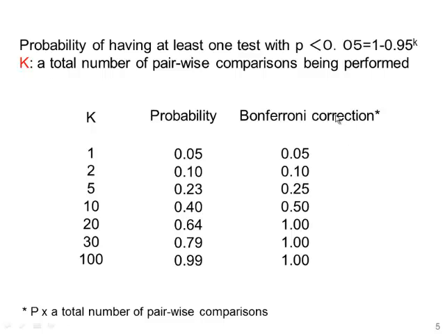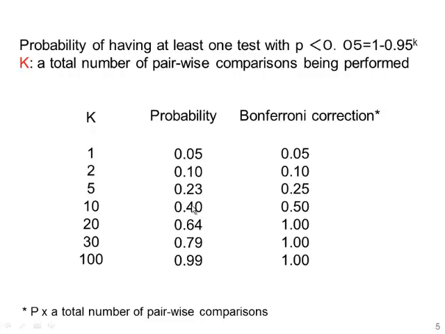So this table shows the probability of detecting at least one test with statistical significance, where in each test you claim significance if the p is less than 0.05. When you conduct only one test, of course the error rate remains 5%, but if you conduct 10 tests, the probability of claiming at least one test is significantly different is inflated to 40% when there is actually no effect by the treatment.